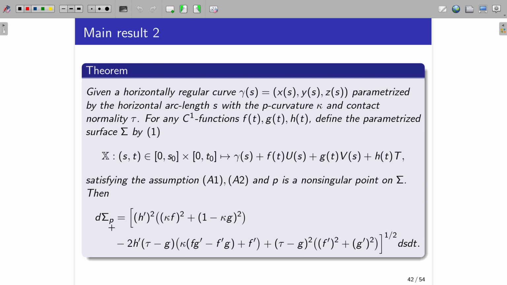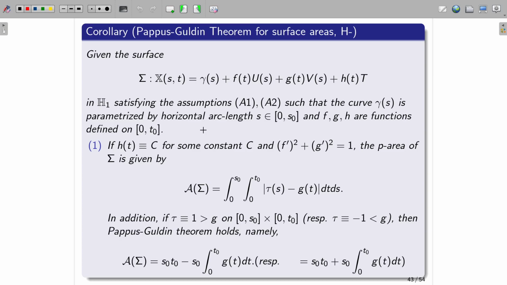It's a similar idea in that we calculate the P area in terms of F, G, and H, and with some curvature condition, then we have this one. And next we should check when the area equals the length times the rod length I mentioned at the beginning.